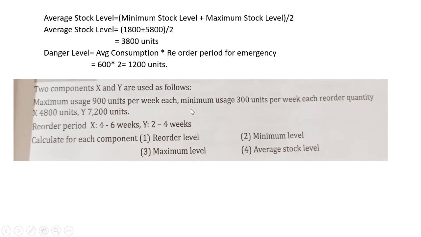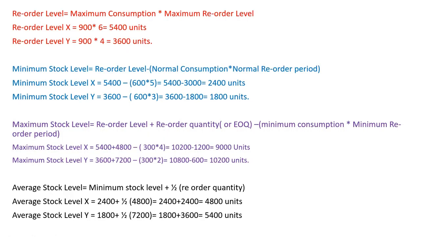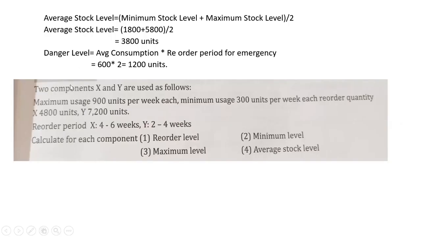Okay. So they have given the reorder quantities also, 4,800 and 7,200. So it is quite easy to calculate. Here, 900 into 6. Why 6? See here, for reorder period, X is 4 to 6 weeks. Y is 2 to 4 weeks. Correct?